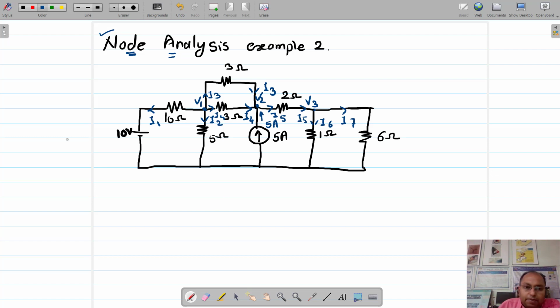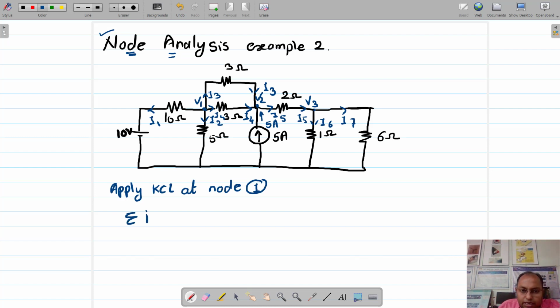So this is the first step that we have done, marking the current directions. Now let us apply KCL at node 1. This is node 1. What is KCL?